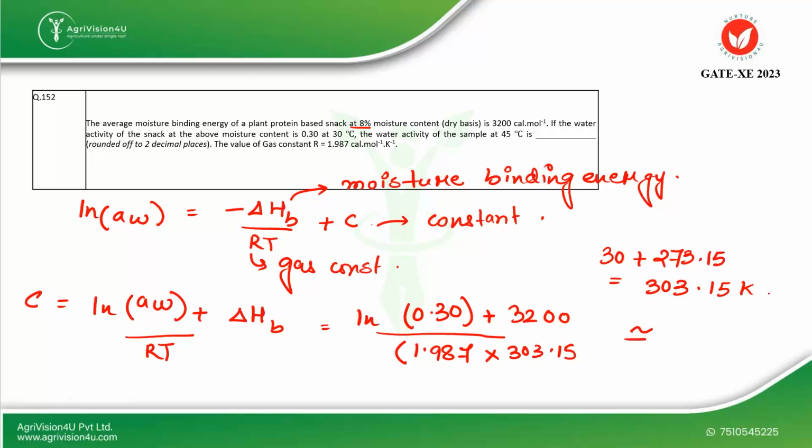So after calculating, we'll get approx 13.96. This is for 30 degrees.